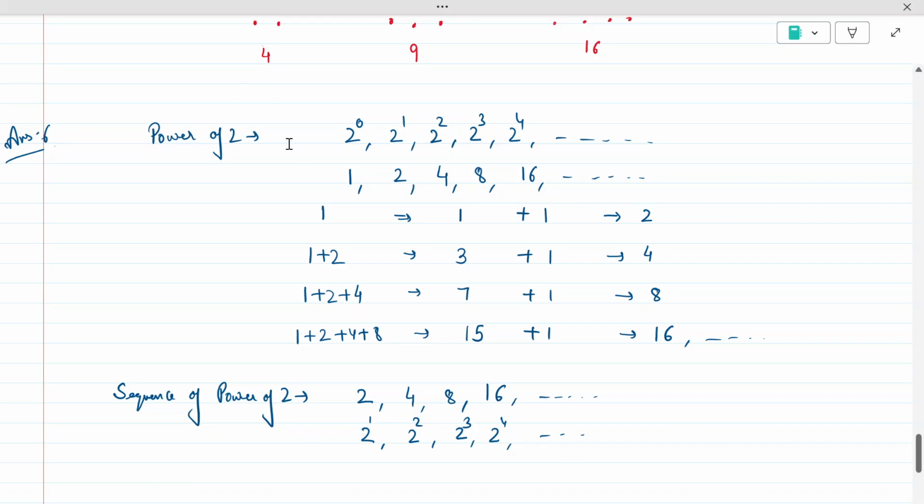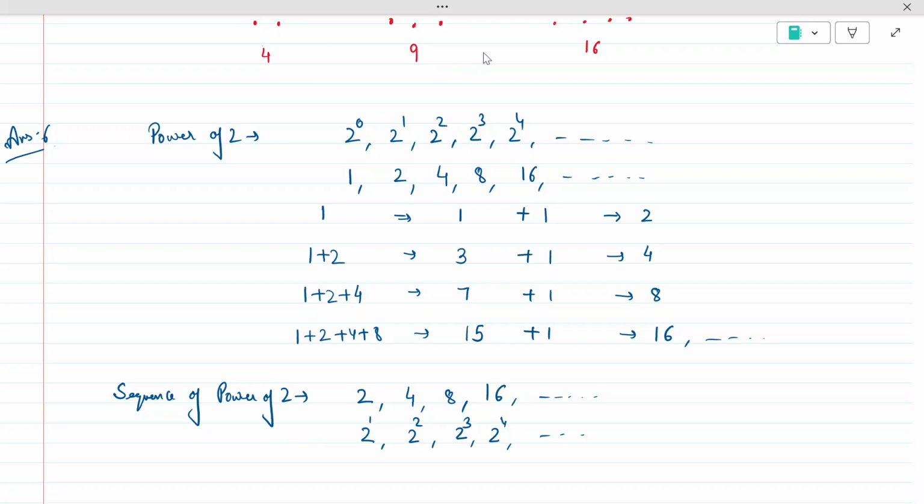When we took the first number, that is when the power of 2 was 0, we got power of 1. When the power of 2 was 1, we got the power of 2. When we took power of 2 as 2 for addition, we got power of 3. So we are getting the next power of 2.